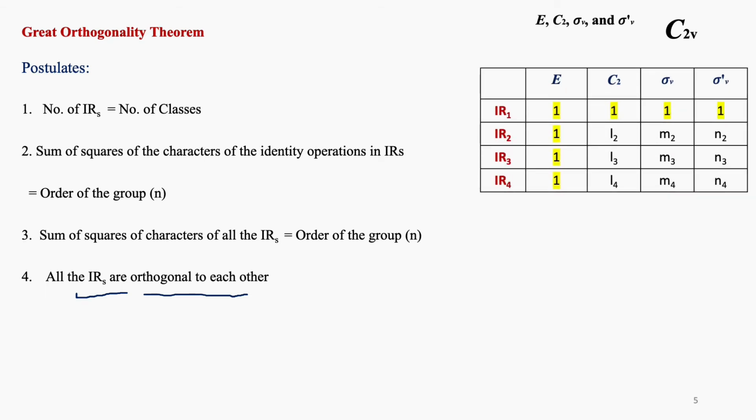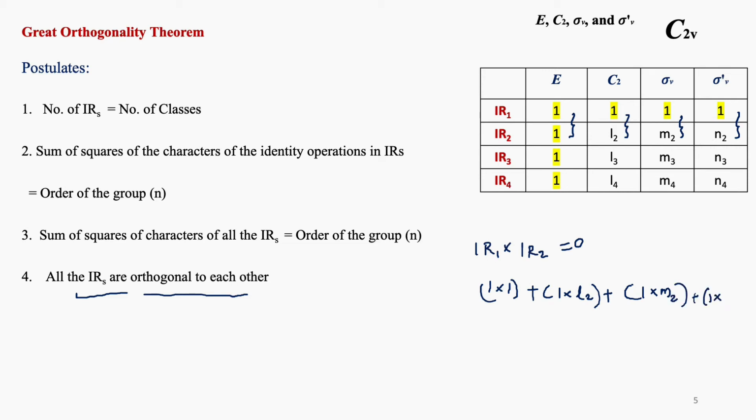So here we can say that IR1 will be orthogonal to IR2, which means the product of these two characters plus product of these two characters plus product of these two characters plus product of these two characters will be equal to 0, which means 1 into 1 plus 1 into L2 plus 1 into M2 plus 1 into N2 will be equal to 0.